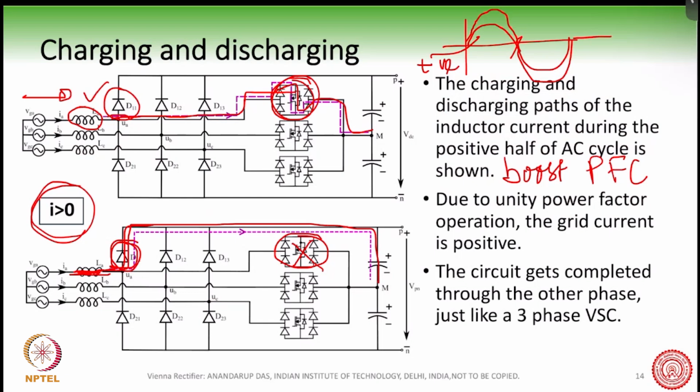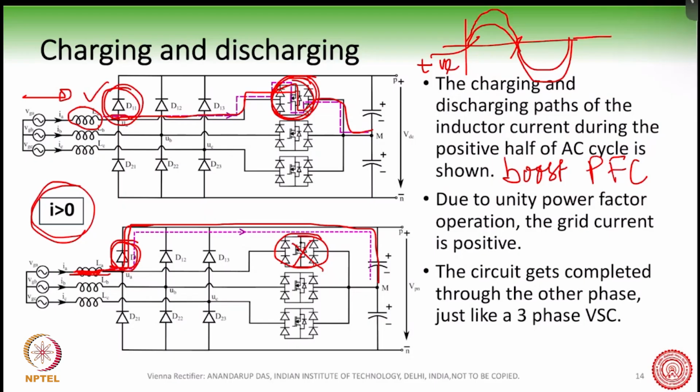I mean, in the positive half of the A phase voltage or current, the upper diode in A phase and this 4-quadrant switch are continuously getting turned on and off, thereby causing charging and discharging.